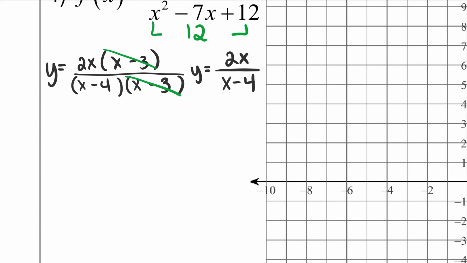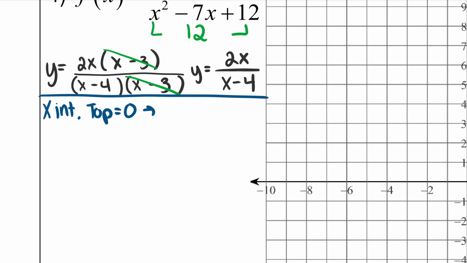Alright, so the first thing, I'm going to try and change colors up for all of this. So first thing, draw a line. I have x intercept. So for my x intercept, remember I do the top equals 0. So my top on this one is 2x equals 0. If I divide by 2, I get x equals 0.